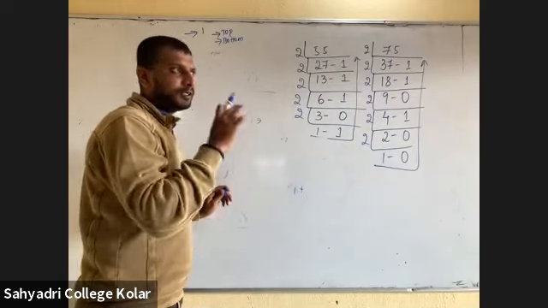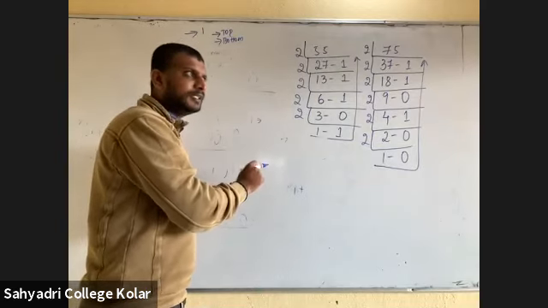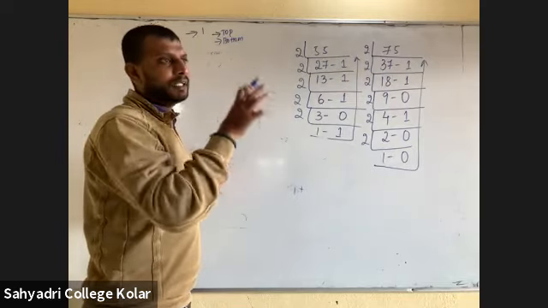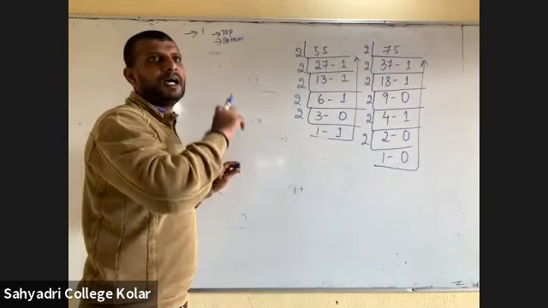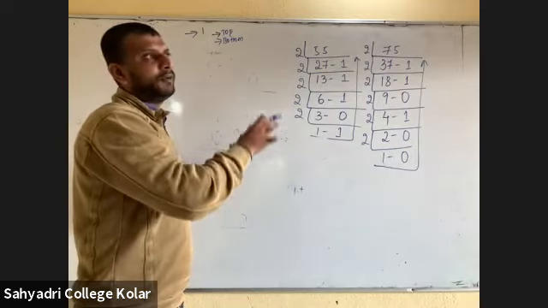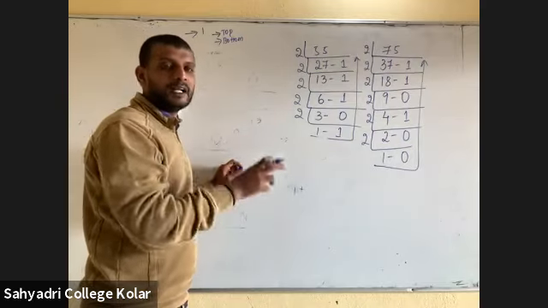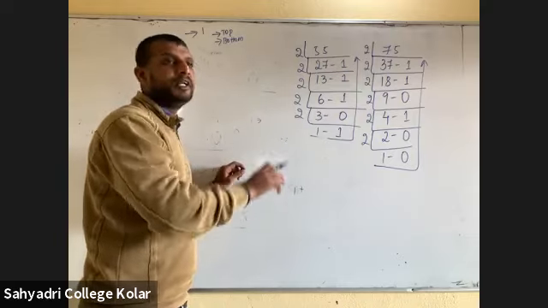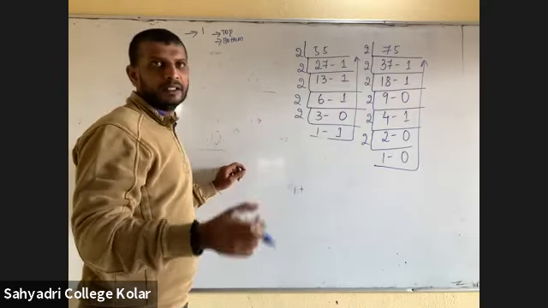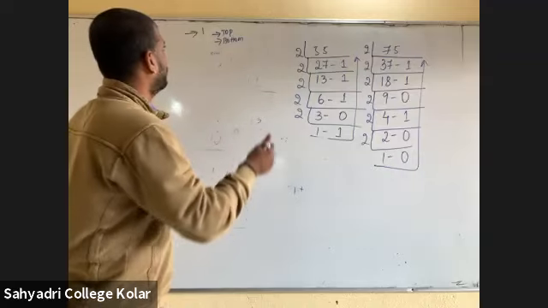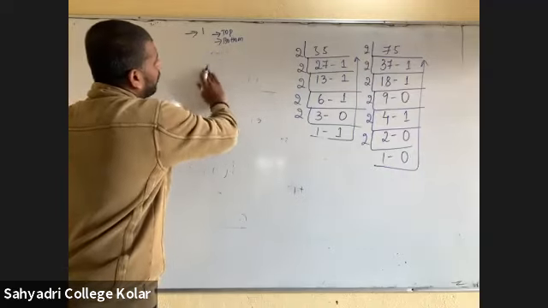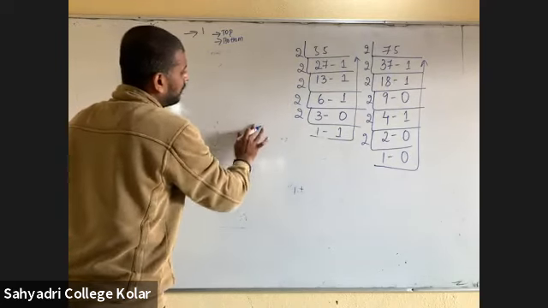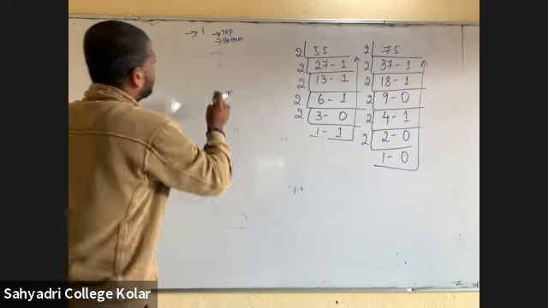After finding the ones complement, you should not perform the subtraction. Instead of that, you need to perform the addition. Once you perform the addition, for the final outcome you are getting, again you need to find the ones complement. So these are the steps we need to perform for subtracting a larger number from a smaller number.